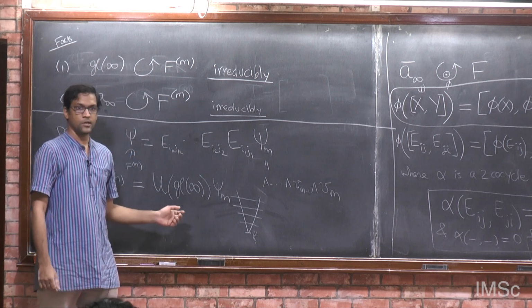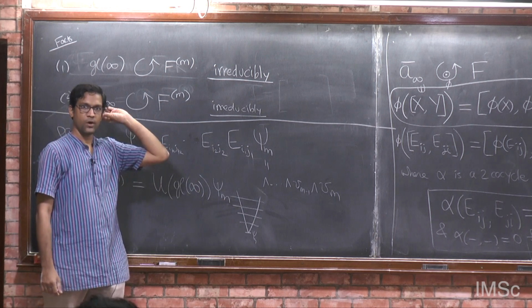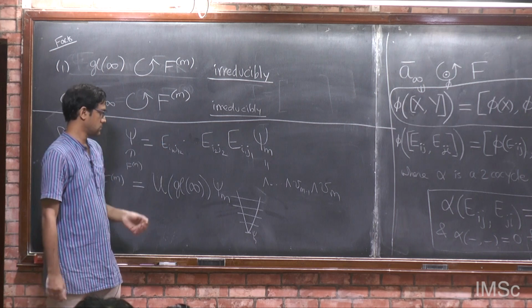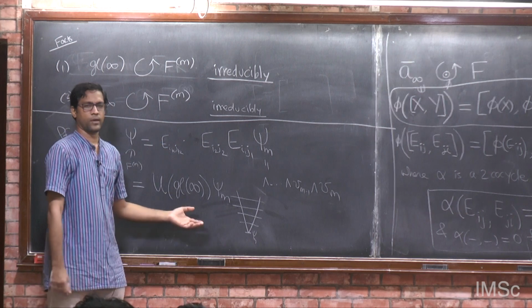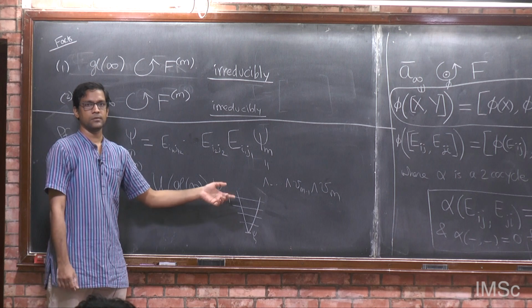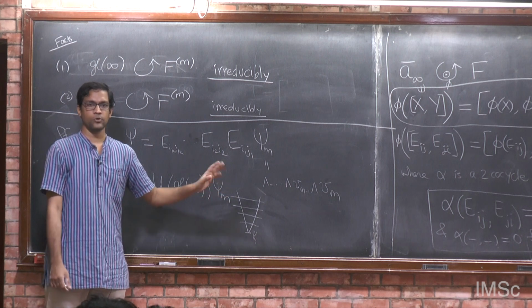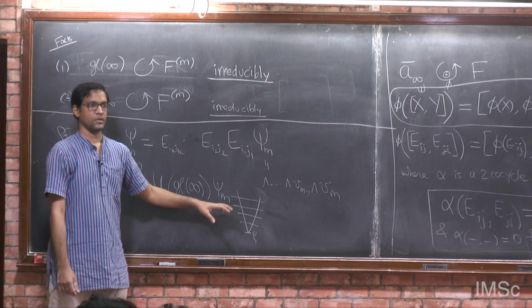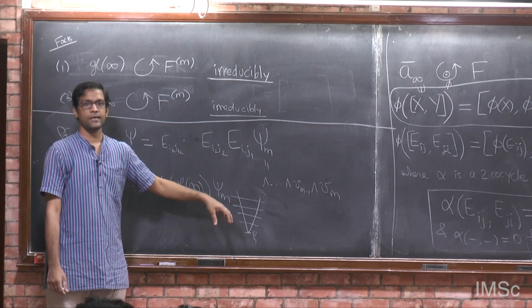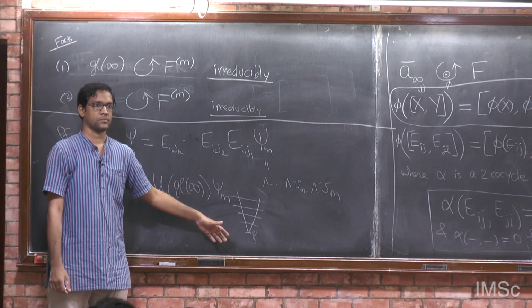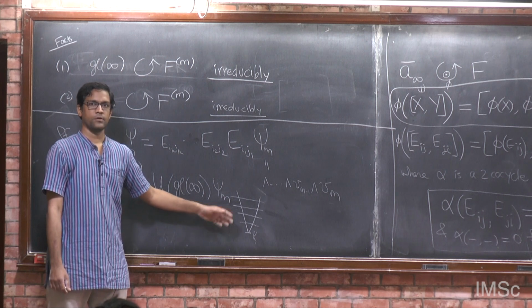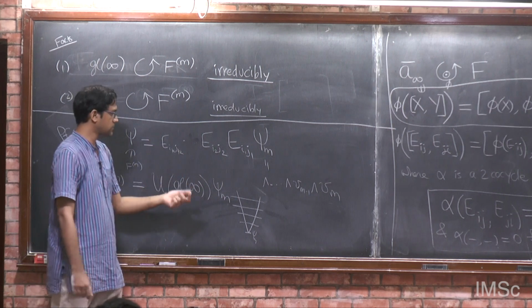Now the point is, you can do the following. My claim is that psi m will belong to any module. If I have a submodule, then I can make psi m belong to it, right? That doesn't require anything much. If it's a linear combination, probably I need some grading, correct.